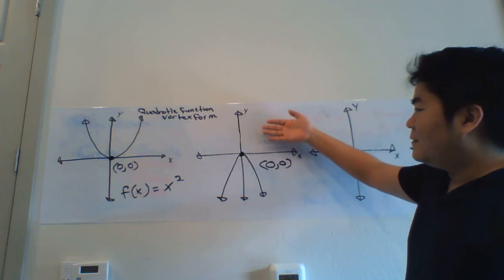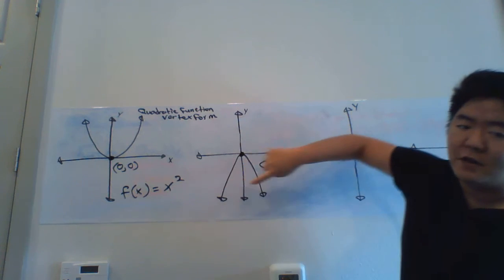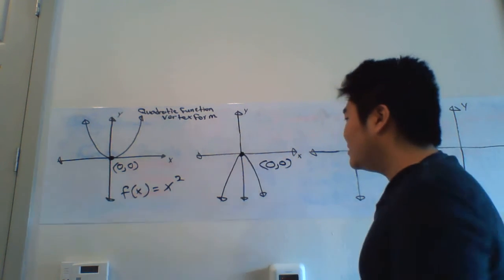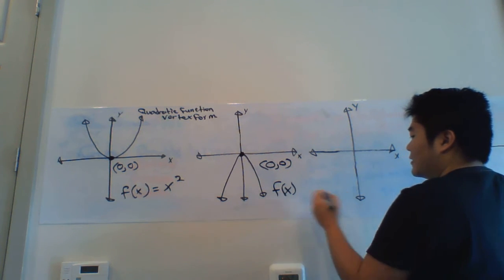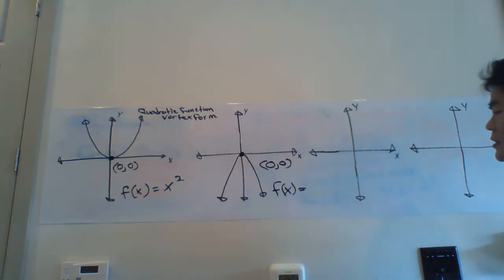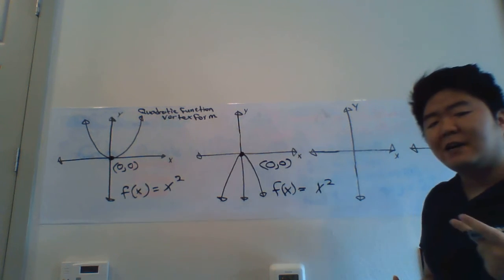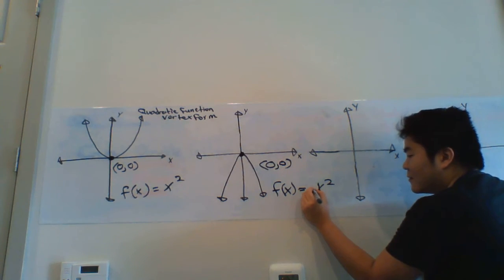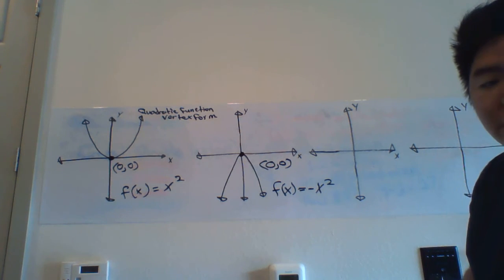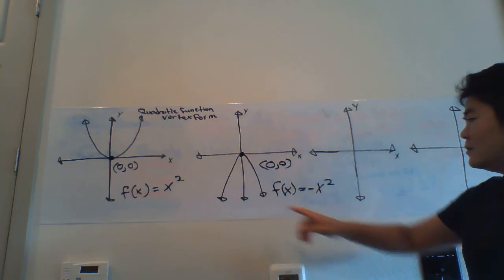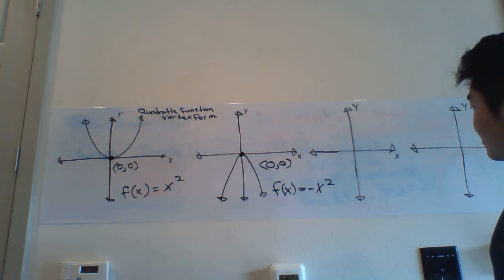So if you can see from here to here, I've flipped this one upside down. So if I'm going to flip it upside down, I can use the same function. So f of x equals, I have the x squared still, but since I'm flipping it down, I'm going to put a negative right here. And that's all I need to do. That is my function for this graph. Not too bad, right?